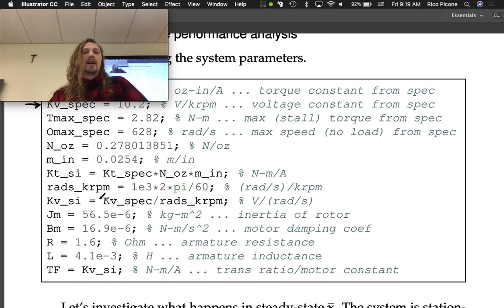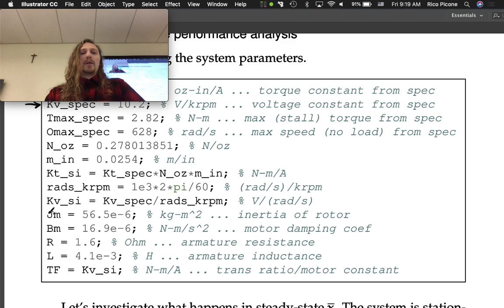Then the conversion from kilo RPM to radians is this, and so I take the spec kV and divide by that, and I get volts per radian per second.